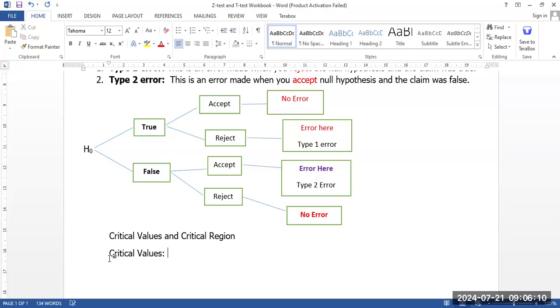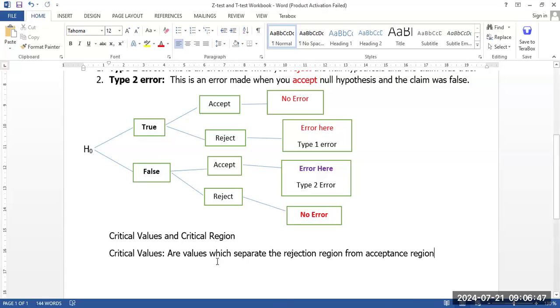Critical values, we can say, are values which separate the rejection region from acceptance region.